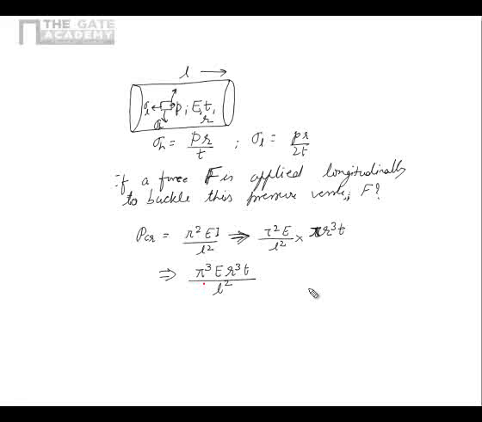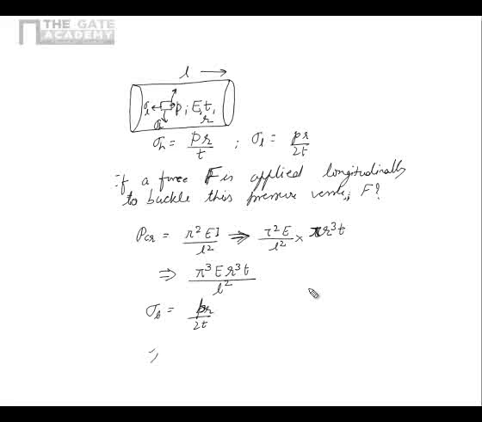Now please see, this is the compressive load which is required to be there in the structure. Right now there is a tensile stress which is there. So what is the tensile stress? That sigma L is equal to PR upon 2T. This is the current tensile stress in the longitudinal direction.